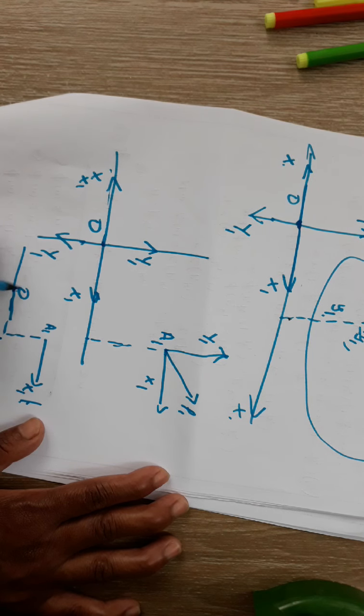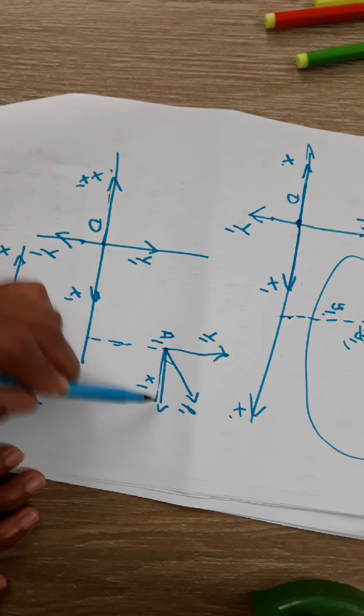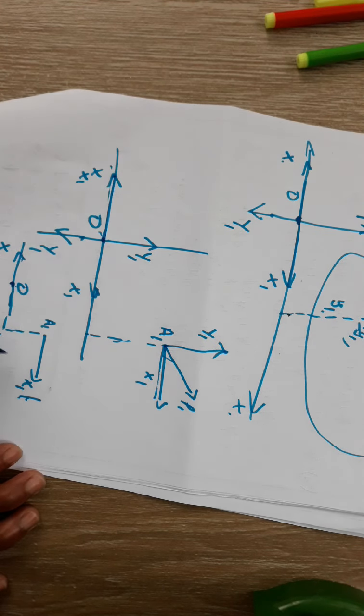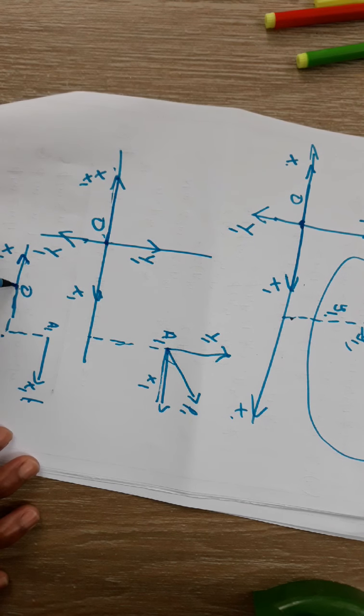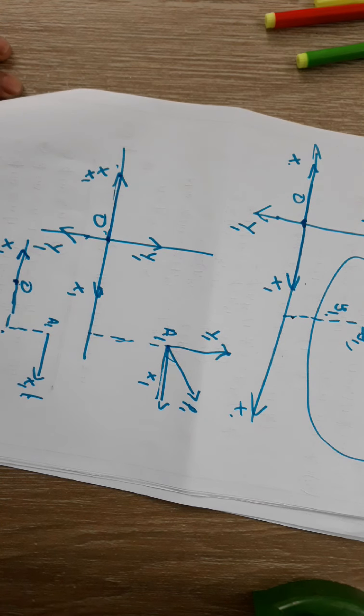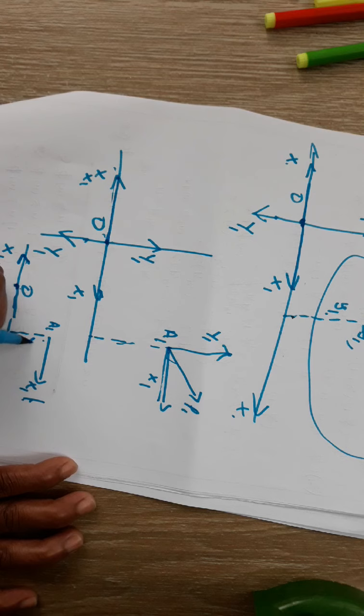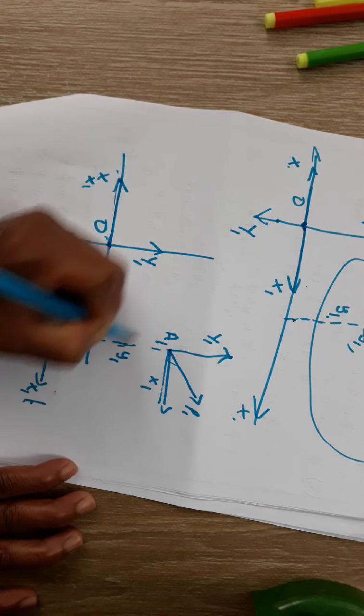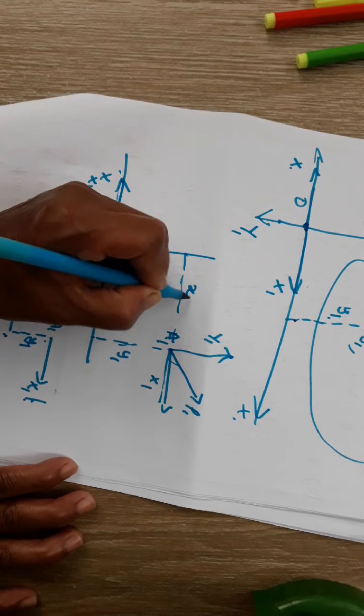At this point O, I am introducing x1, such that these forces constitute a couple, means they form a couple whose distance from here to here is given to be y1. This is y1 and this is x1.